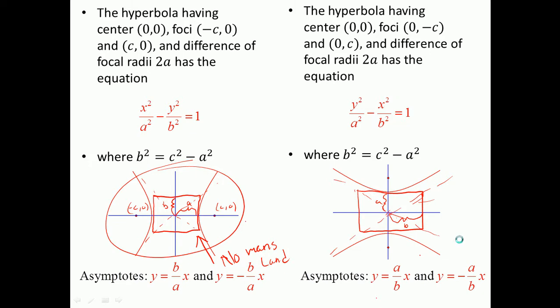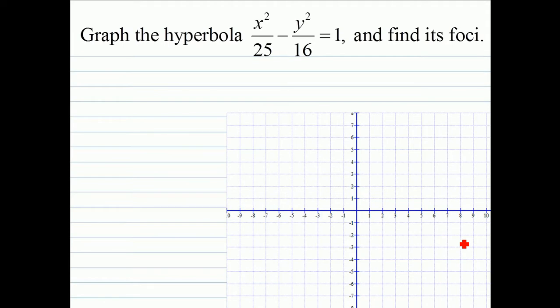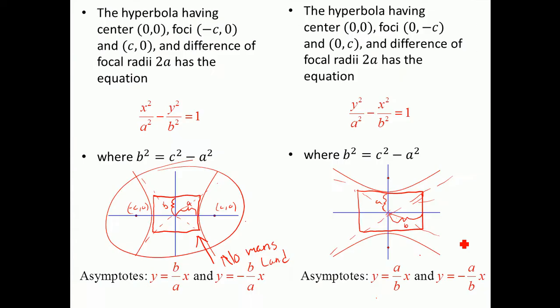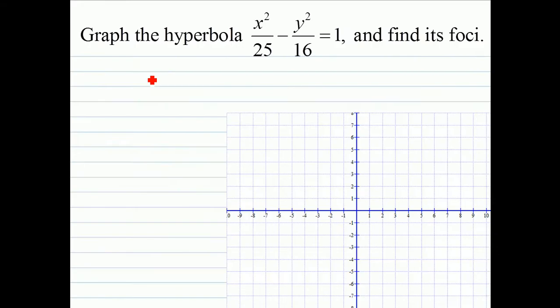All right, let's do an example just so I can really get you guys going. It says graph the hyperbola x squared over 25 minus y squared over 16 equals 1. Now remember which hyperbola we're doing. We're doing this one right here. So what always comes first is a squared, and b squared always comes second in this case. Those don't move.